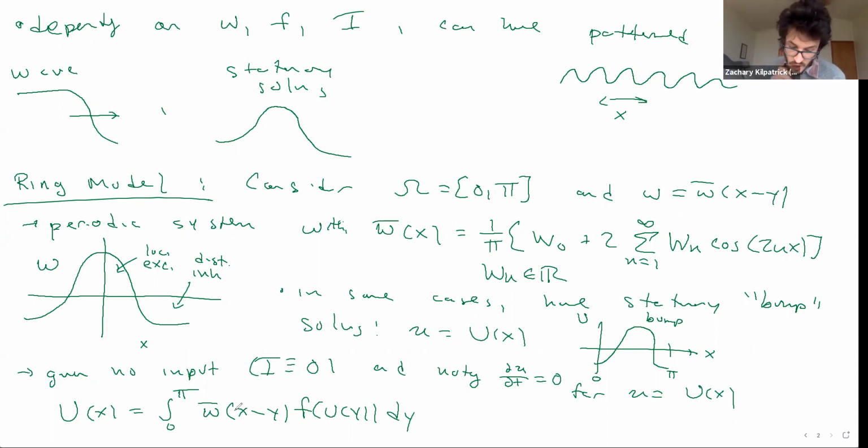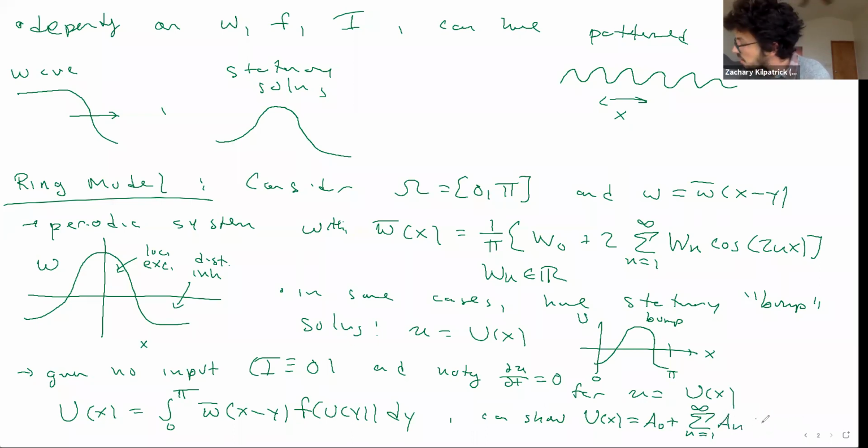So you can show that U of x in this case is equal to A0 plus the sum from n equals 1 up to infinity of an cosine 2nx is a solution, basically by assuming it and plugging it in.